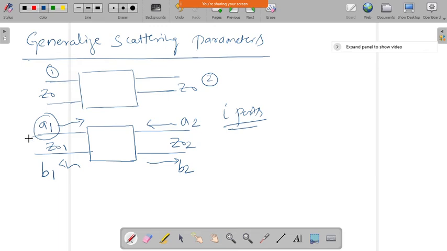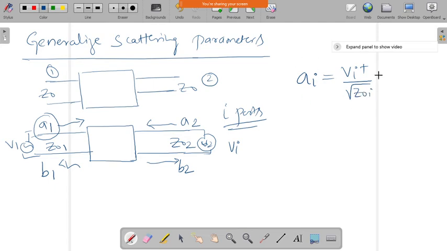If I consider the sources V1 and V2, in general we can take it as Vi. So if I take Vi as the voltage at the port, we can define Ai, the incident voltage for a particular port, which is nothing but Vi plus divided by root of ZOi.